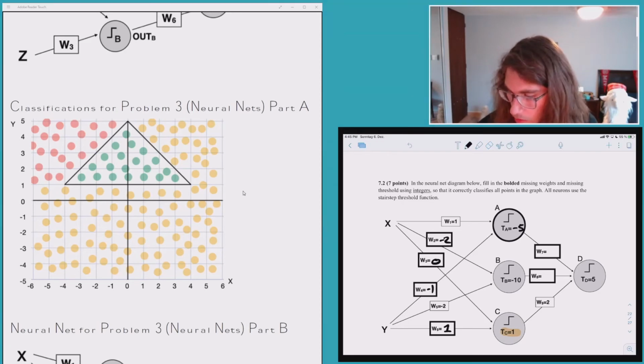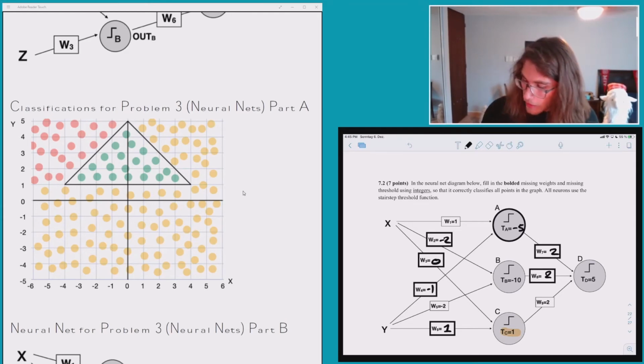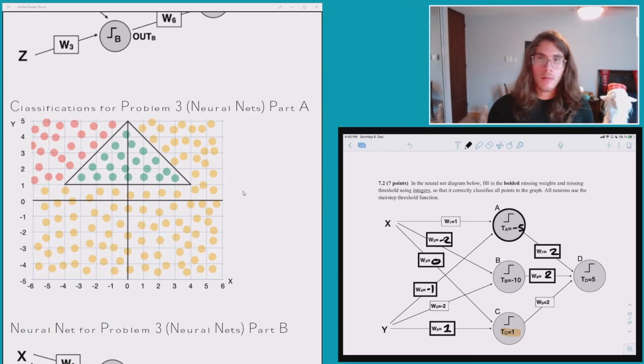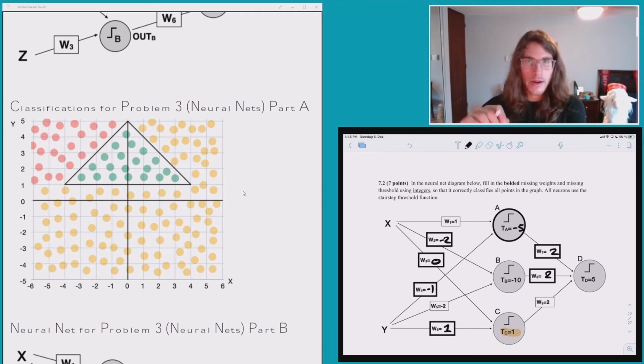And I think that number is 2. So 2, 2, and 2. I didn't see that I had a 2 already there. So the neurons A, B, and C are going to output a 1 when their threshold is met and a 0 otherwise. So I'll have 6 when all three neurons output 1, and that means something has fallen within the triangle the way I've written these equations.